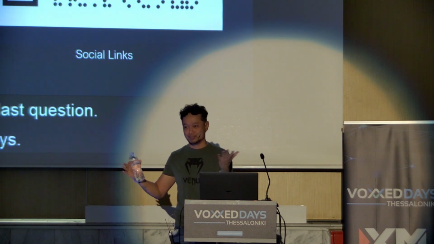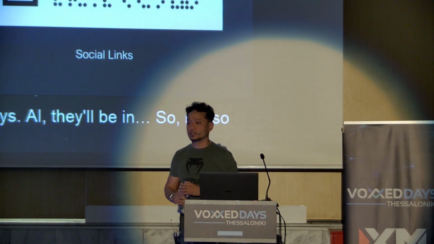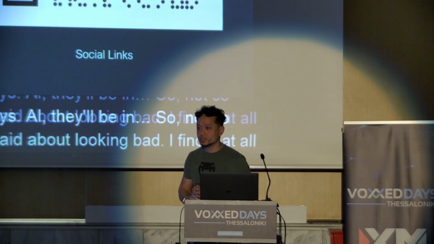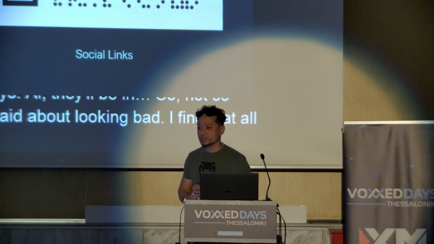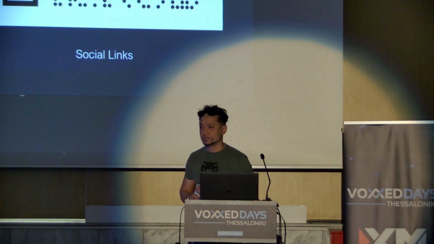AI, Tailwind. So not so much a question, but just a comment on what you said about looking bad. I find that all utility CSS frameworks, starting from Bootstrap, moving on to now Tailwind, which we also use, have this problem of making the template readable.